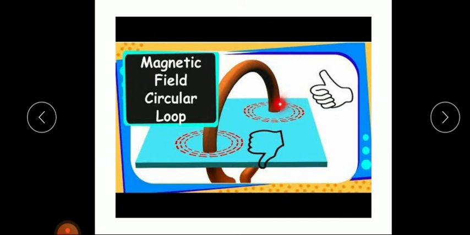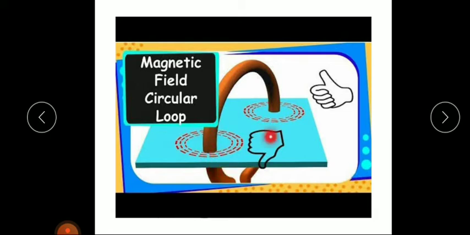Place your right hand at this point so that the thumb indicates the direction of current and the other fingers indicate the direction of magnetic field. Here the current is flowing along this direction, and at this point the current is flowing downwards.